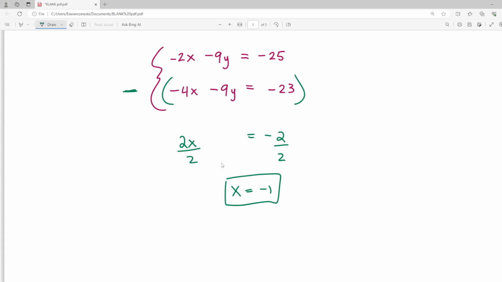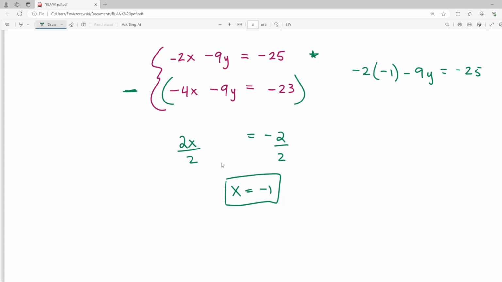And then you can take this and plug this in to either equation. I'm going to choose the top equation. Negative 2 times x, which is negative 1, minus 9y equals negative 25. Multiply negative 2 times negative 1.